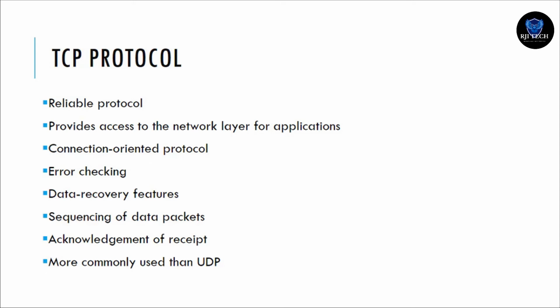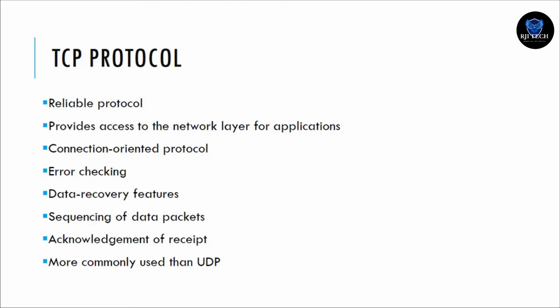It provides sequencing of data through the sequence number header in the TCP header. So if the arriving data is in the wrong order, the sequence number helps the receiver reorder the data to the right order. It provides acknowledgement of receipt, so it can face the losses on the network, detect that some data are lost, and have them resent by the source.